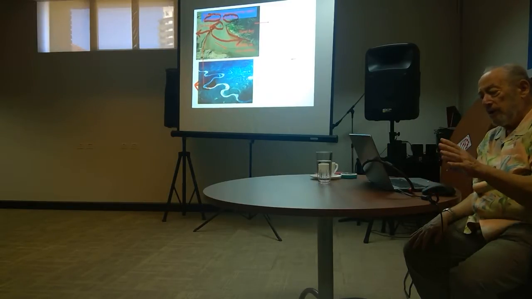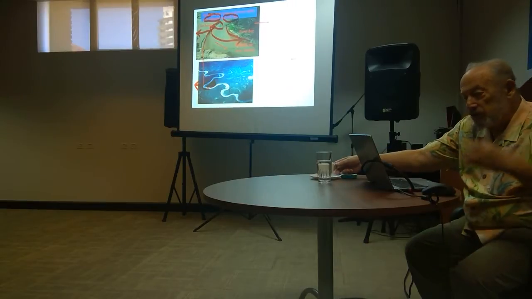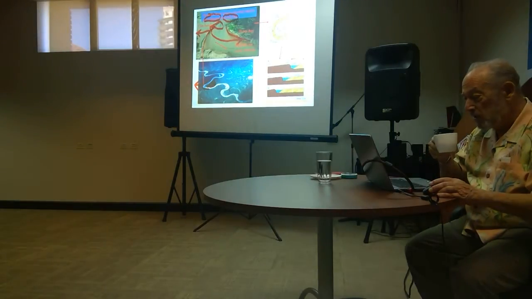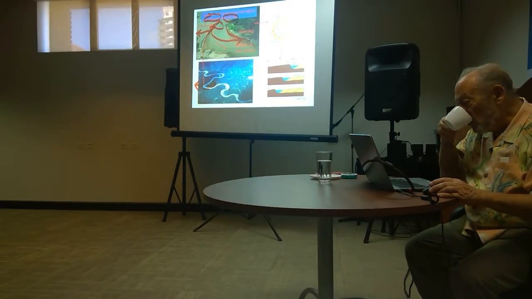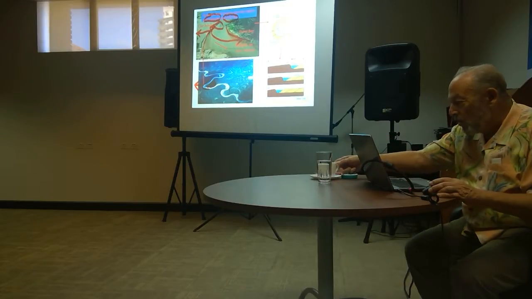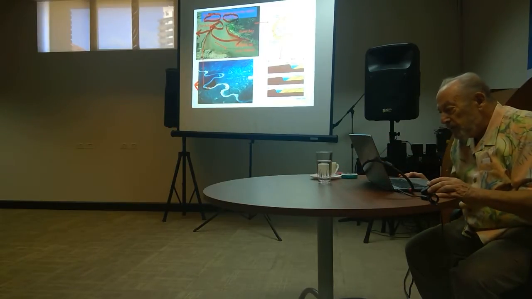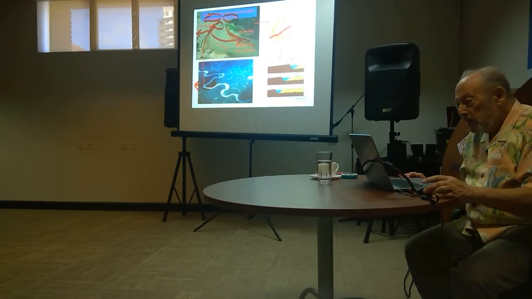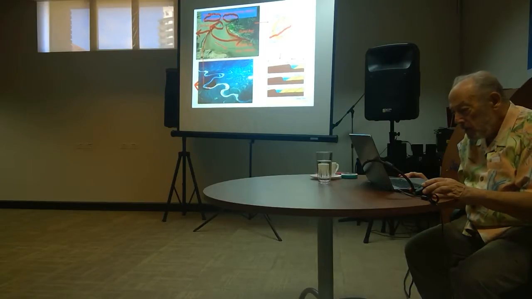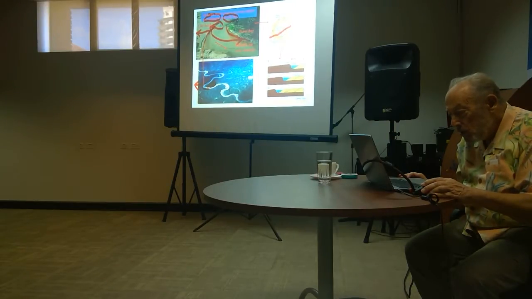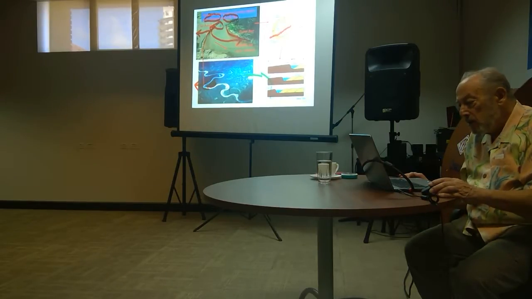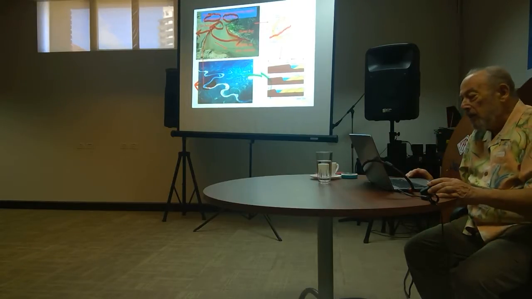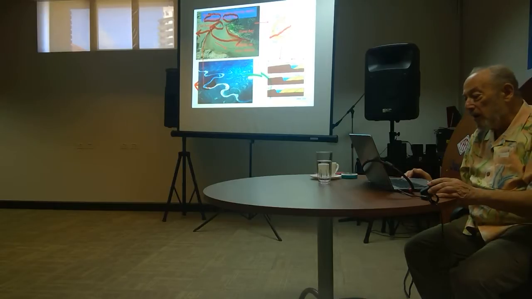So let me show in the next picture just how you get this migration of the river as a function of geological time. So here we have a river. We'll look at this cross section through there, and we're going to look down at the channel at, we'll say, time 1.